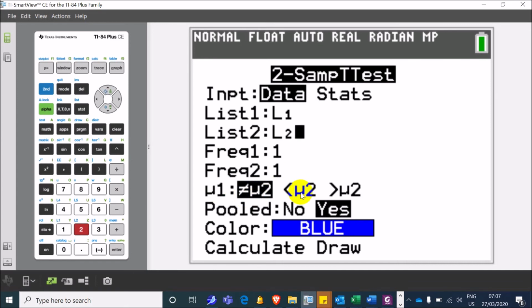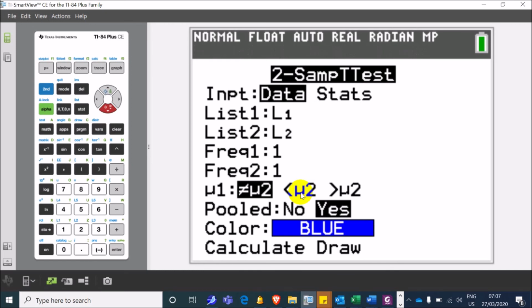If you say the mean 1 is less than the mean 2, that's what I want to find out, it's a one-tailed test, or the mean 1 is more than the mean 2, that is also a one-tailed test. One-tailed, one-tailed, two-tailed. Don't worry about pooled, always put yes, and let's calculate.